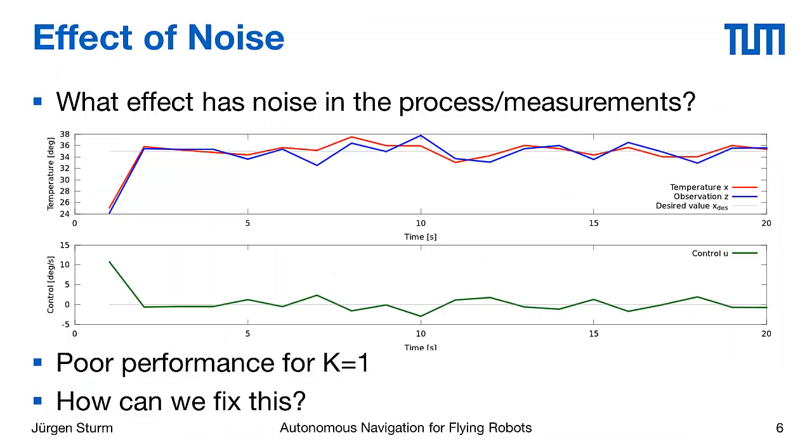So as you can see, if we keep it as before, if we choose k = 1, so directly use the error as the control, then we get a relatively poor performance.